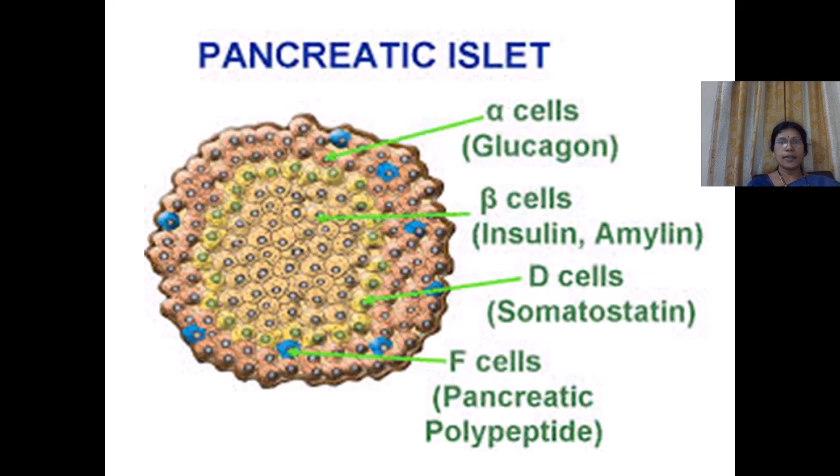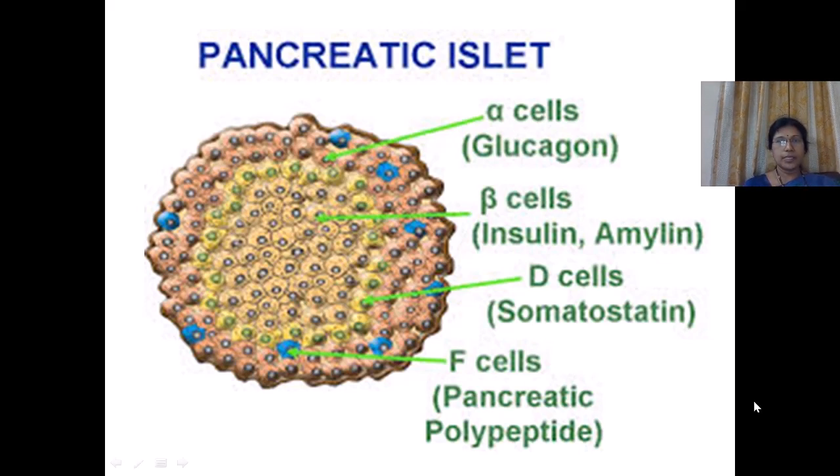Hence, it is called a hyperglycemic factor or hyperglycemic hormone. It raises the blood glucose level either by breaking down glycogen to glucose, a process called glycogenolysis, which it stimulates in the liver, or by conversion of amino acids and lactic acid into glucose. This process is called gluconeogenesis.